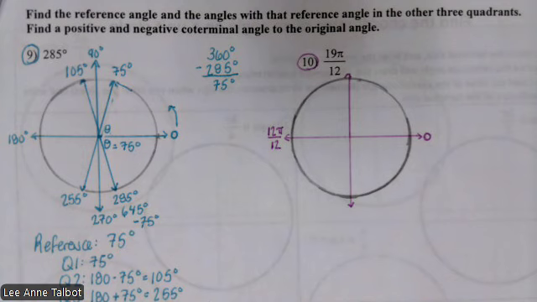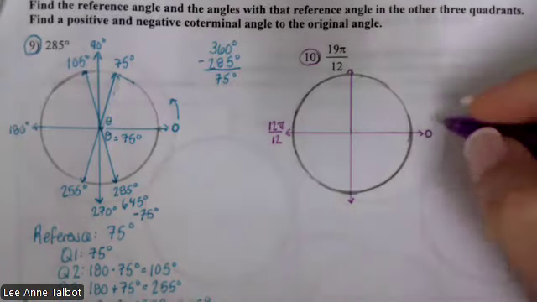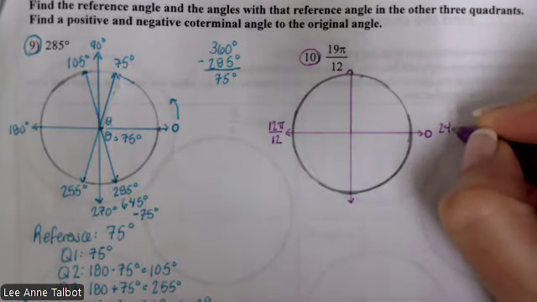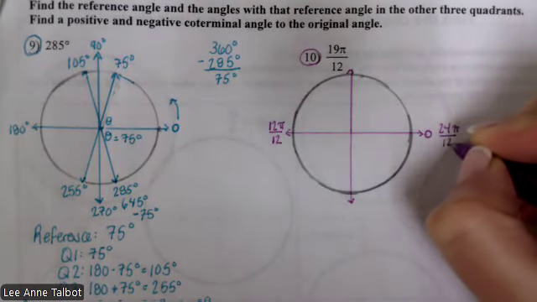Let's just pause and think about that for a second. Yesterday we learned that halfway around the circle is pi. So what I did was I changed it to be the same denominator as the problem. Does that make sense?